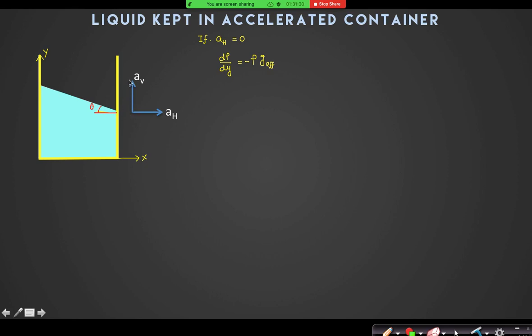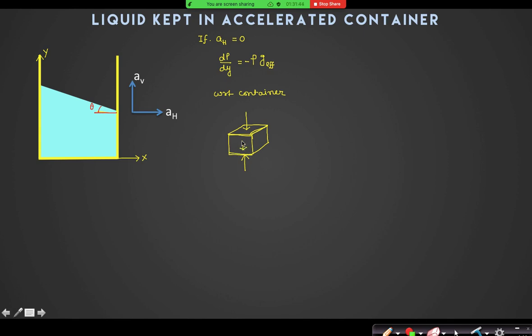If it is moving with aV, then with respect to the container, when I draw the free body diagram, if I take a small cube or cuboid, what are the different forces acting on it? The pressure force from the top and the pressure force from the bottom, and there is a weight.